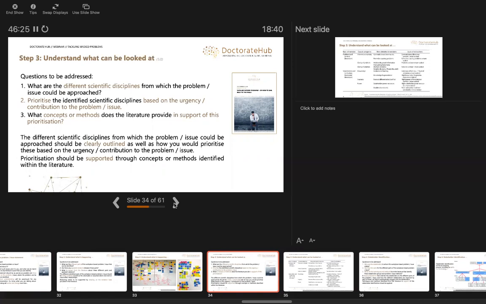Now, as you build up your understanding of what can be looked at, you can structure it more and more. You can see what are the different scientific disciplines to which it belongs. You, for example, could prioritize, work out gradually what are the urgencies, what is contributing to the problem more strongly or more slowly, and what are the underlying concepts that could be applied.